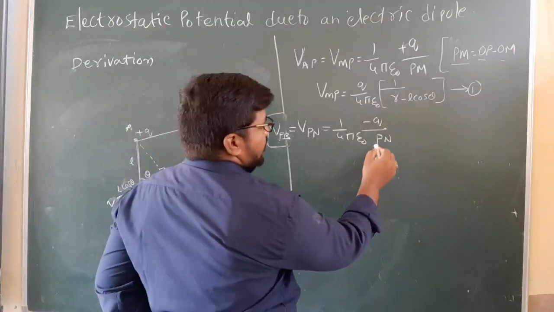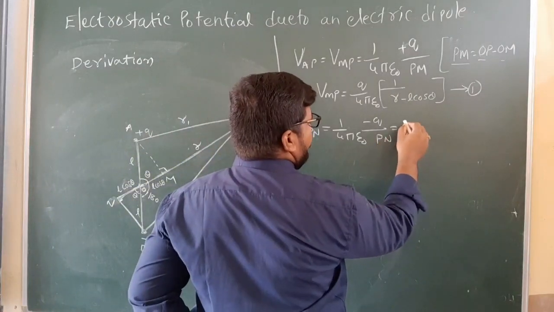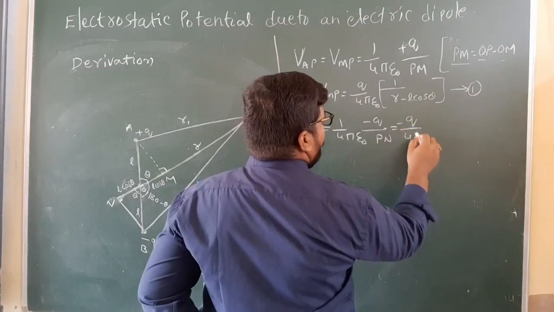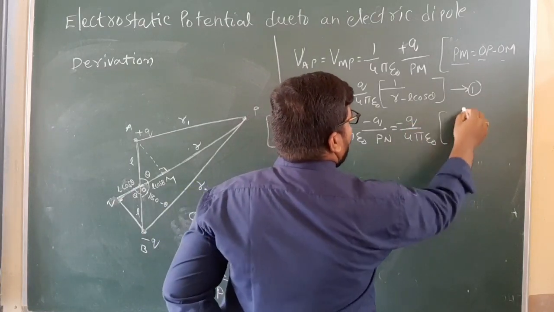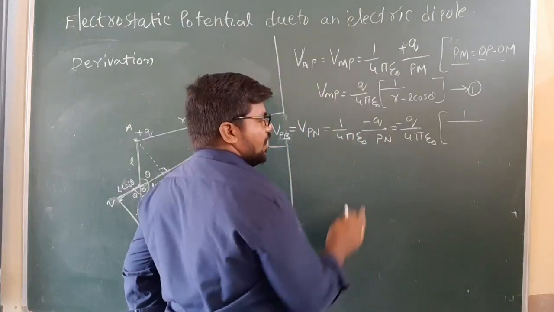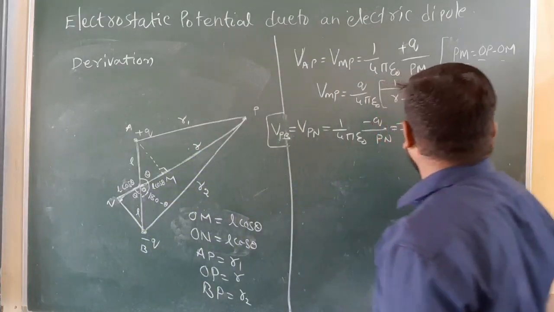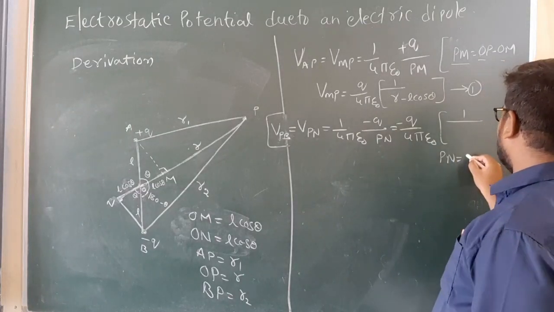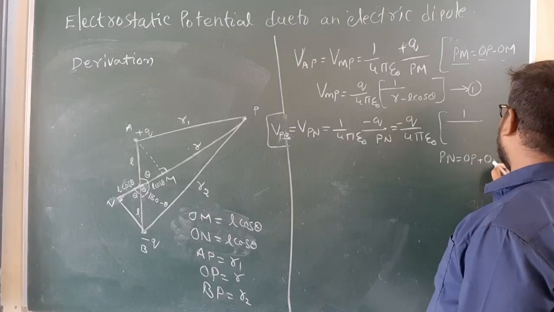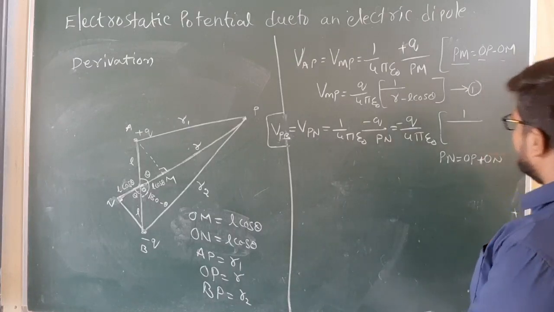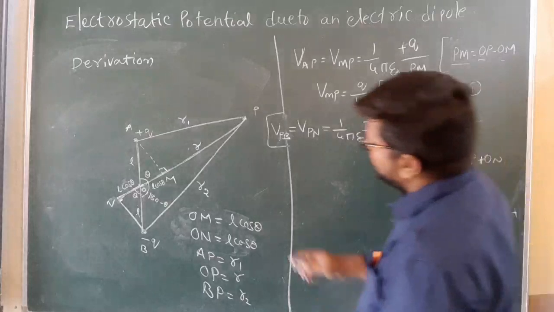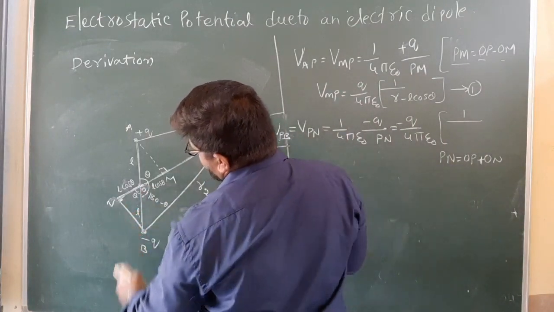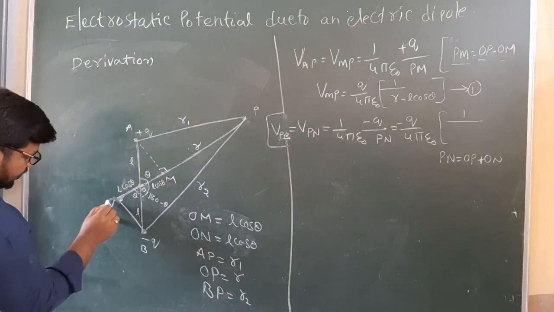Okay, it's clear. Then we have minus Q by 4 pi epsilon naught, 1 divided by PN. PN is equal to OP plus ON, it is N, not Z, my children.